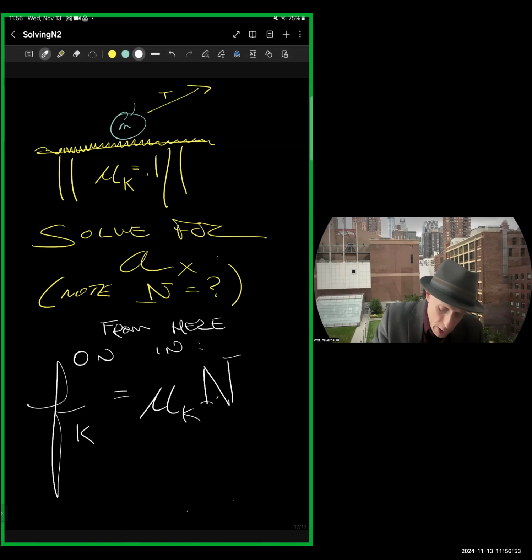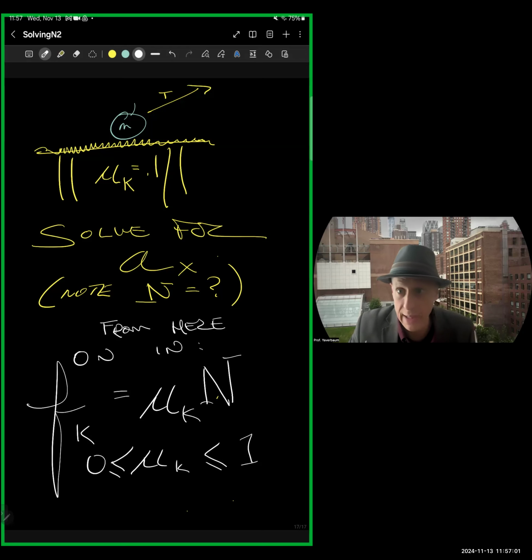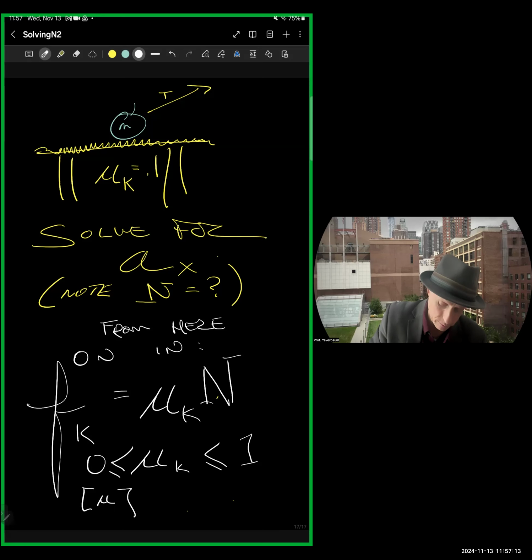What is mu? Mu is a number that just ranges usually from 0 to 1. It's a coefficient. The units of mu, I'm saying mu is a pure number.